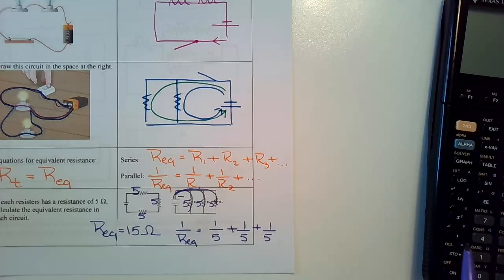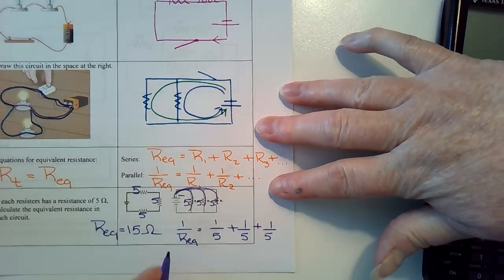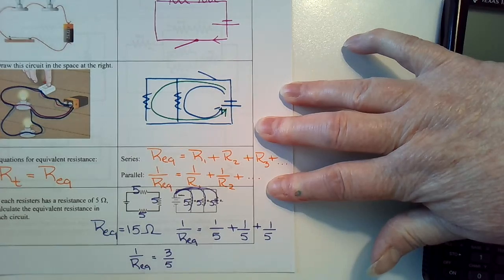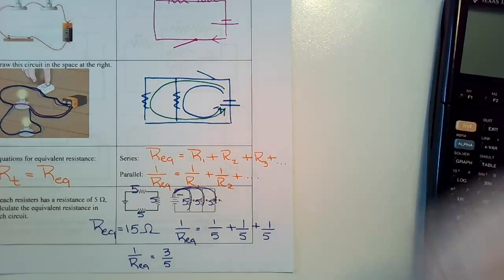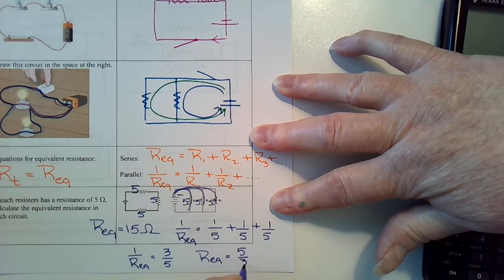You know what? This one we don't need our calculator, so let me keep going. 1/5 plus 1/5 plus 1/5 equals 3/5. But that's not the answer. That's 1 over the answer, which means I'm just going to flip it over. So REQ is going to be 5 over 3.